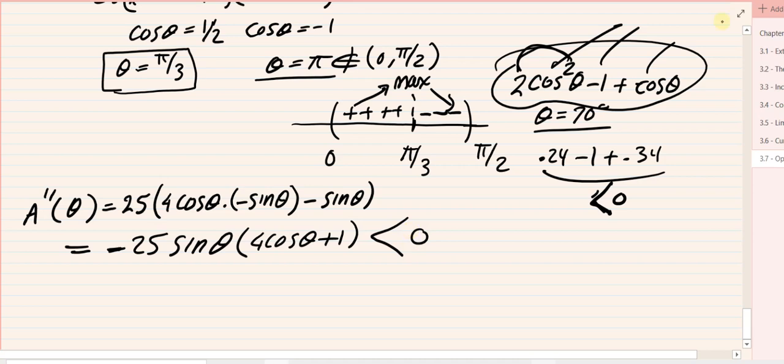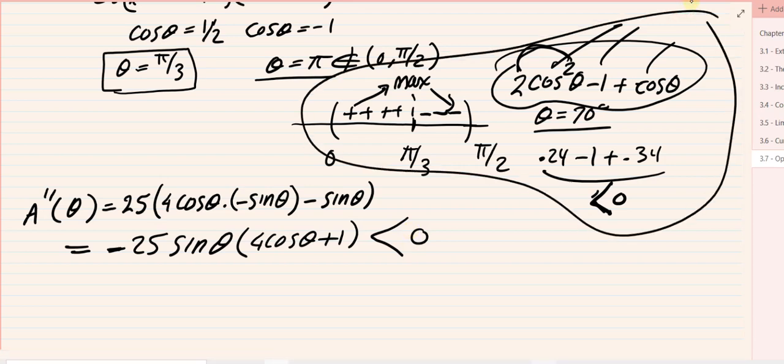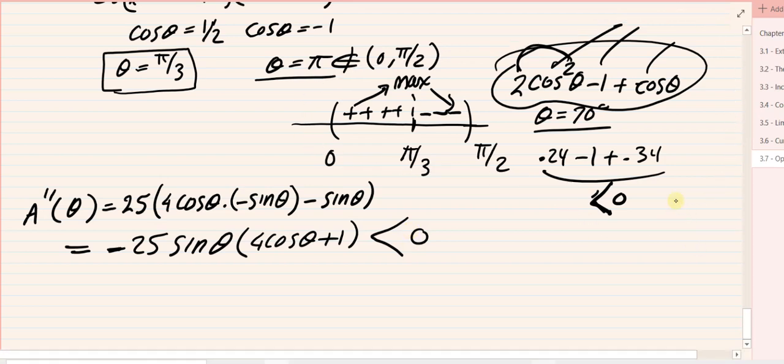So that avoids all of this. See that? So you don't have to pick a test point and all that. But this only works if the second derivative is always increasing or always decreasing. So you can then ascertain the extrema that way. So this is always less than 0 for all theta in 0 to pi over 2 within our domain.